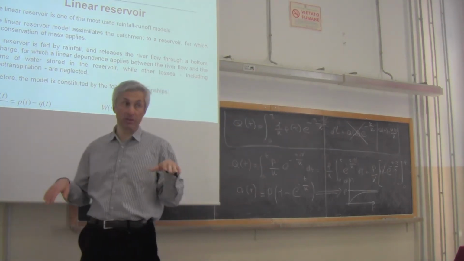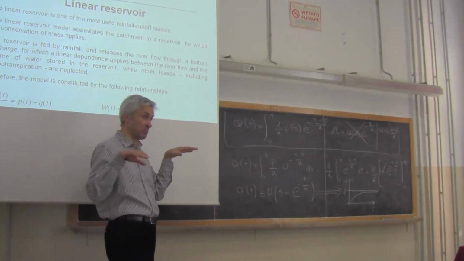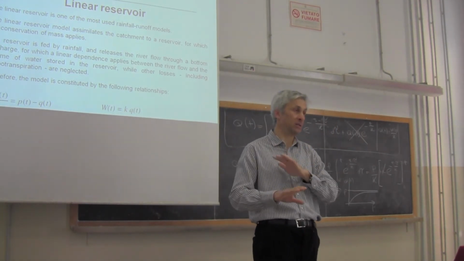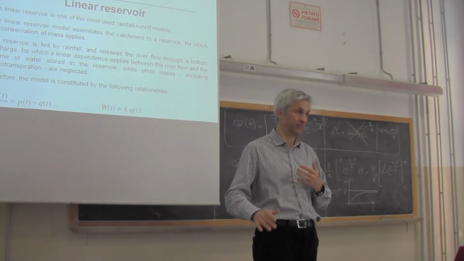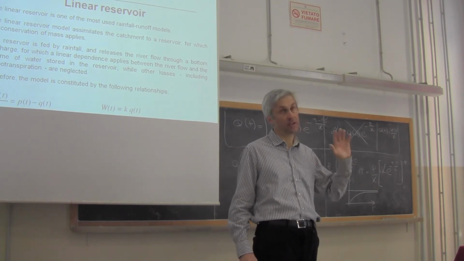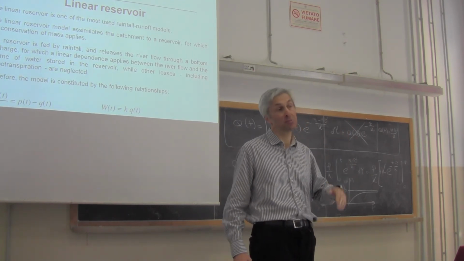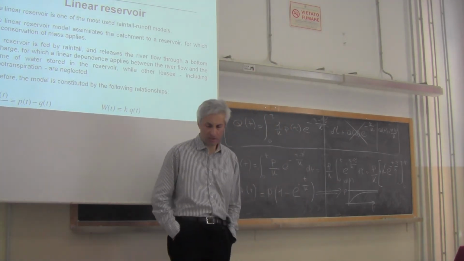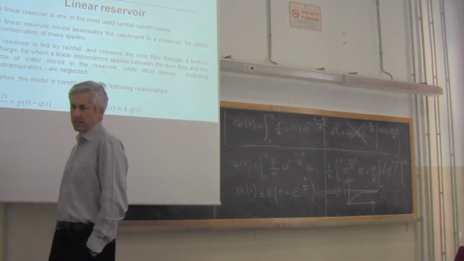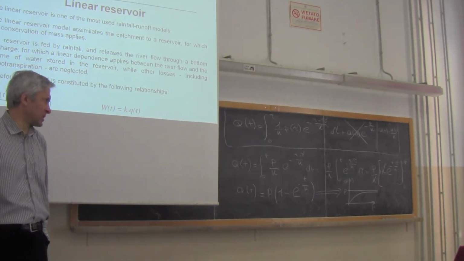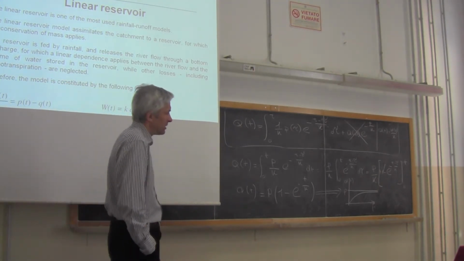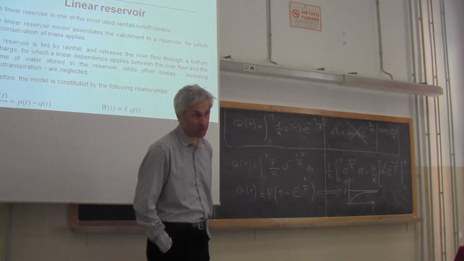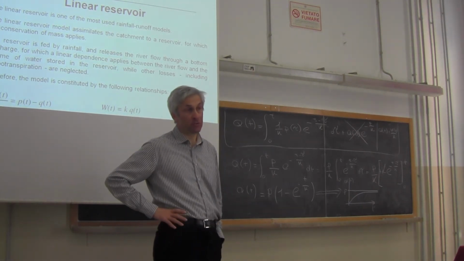Keep in mind that we don't have any limit to storage in this model. W(t) can increase up to any value. This is another assumption that is not really reasonable, but that's fine. These are a set of assumptions that, depending on the behavior of the catchment, can be justified.